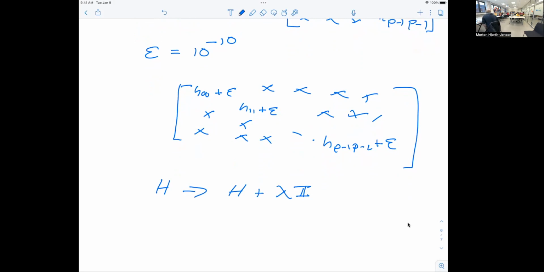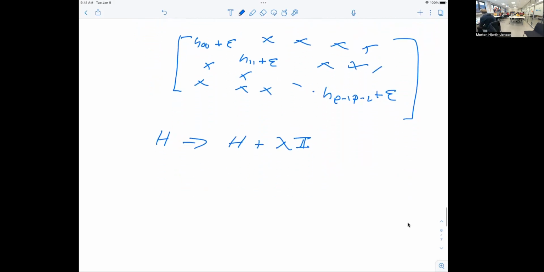So what it means then is that your parameter beta hat becomes equal to the matrix H, the matrix we originally wanted to invert, H plus lambda I, inverse of X transpose times Y.